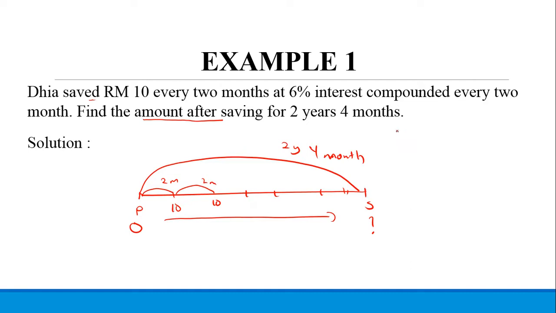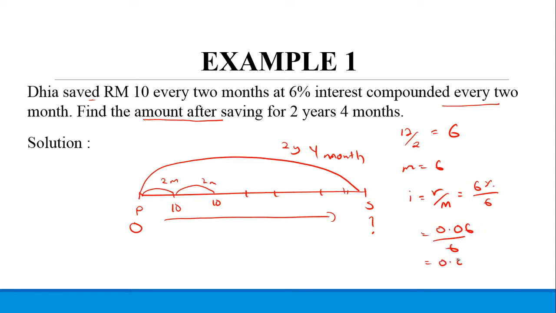First, every 2 months means 1 year has 12 months, divided by 2 is 6 times in 1 year, so m equals 6. I equals r divided by m, which is 0.06 divided by 6, is 0.01.